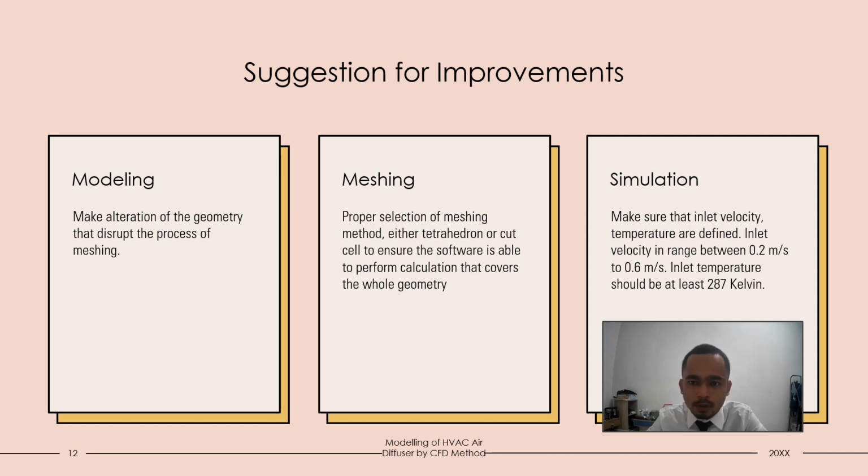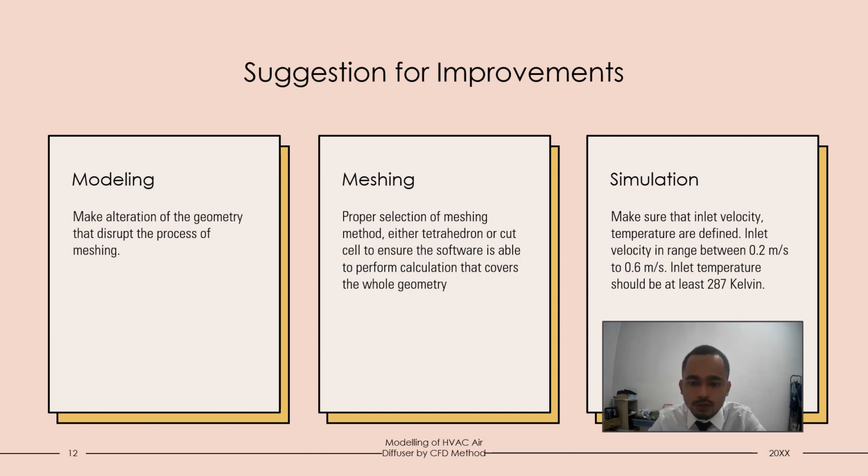So for example, my domain might not be able to display a proper air distribution and temperature gradient. And then for meshing, I need to revise my selection of meshing method, either using tetrahedron or cut cell. So this is to ensure the software is able to perform calculation that covers the whole geometry.